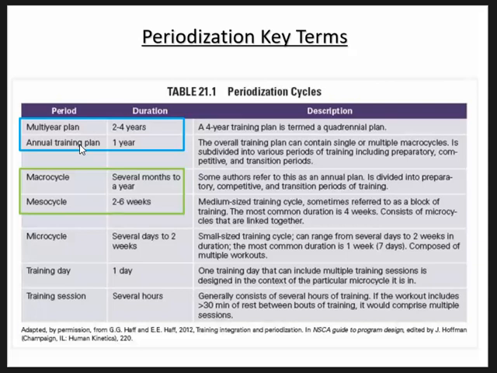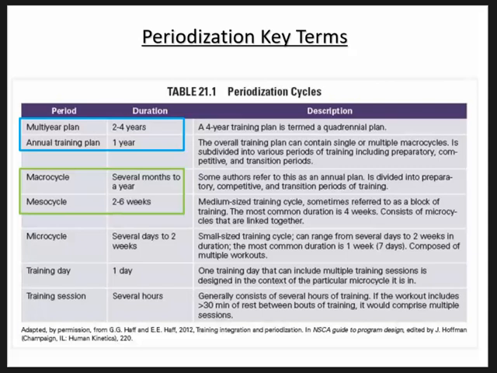Track has an indoor and outdoor season, and tennis also has 2. So what I want you to think of the macrocycle is just our large annual plan. It's our largest plan, and it's usually going to be several months, but it can be up to an entire year.